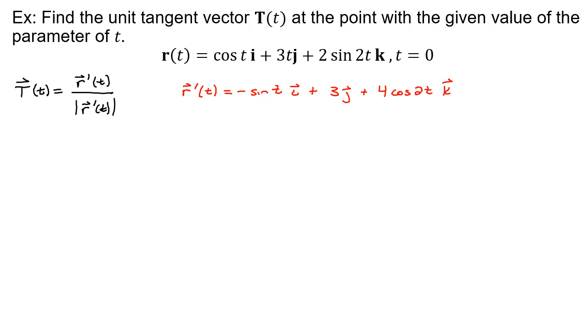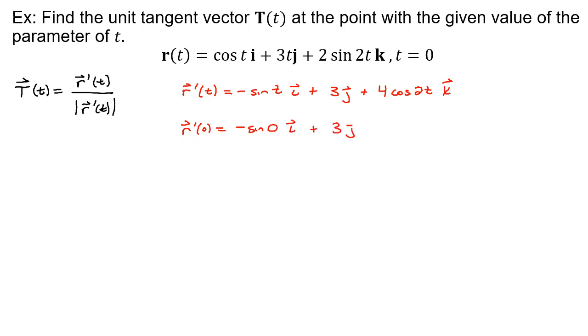Now, if you have a number to plug in, like we have t equals 0, I could go ahead and plug that 0 in, and that will help dramatically when we have to find the magnitude of our vector, because then we can work with numbers and not functions. So I'm going to go ahead and plug the number in. r prime at 0 would be negative sine 0.